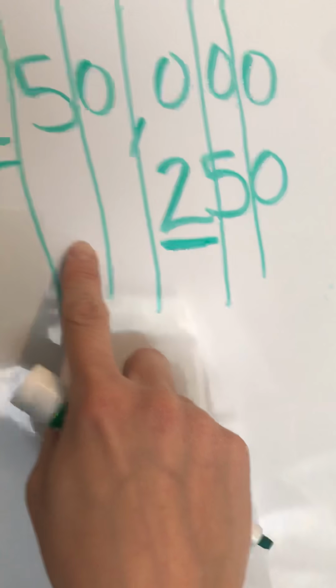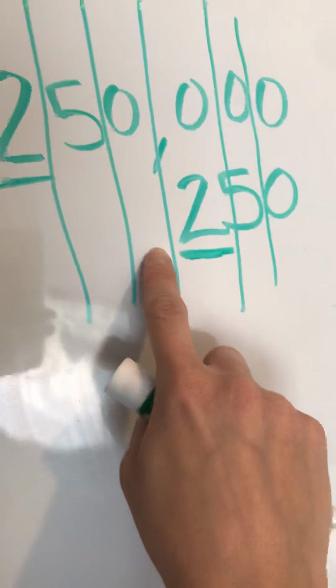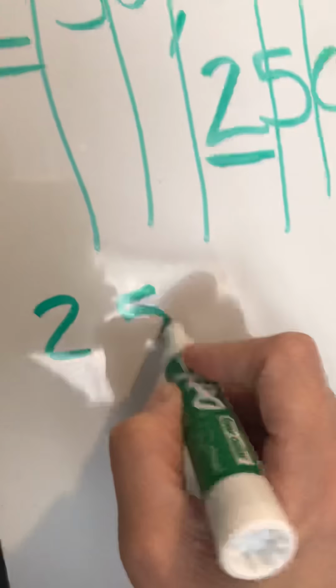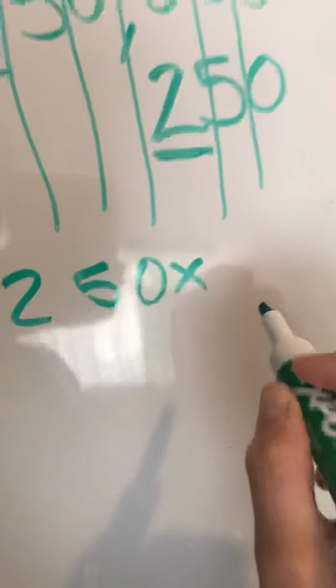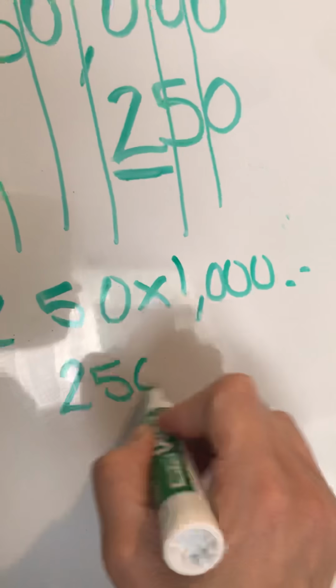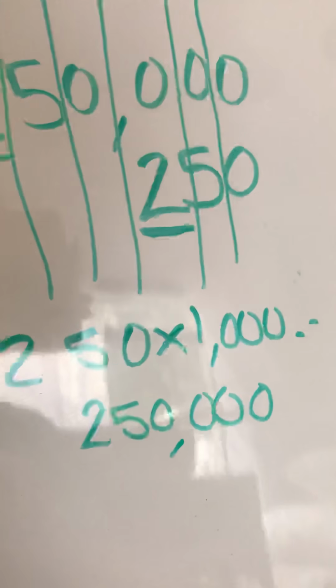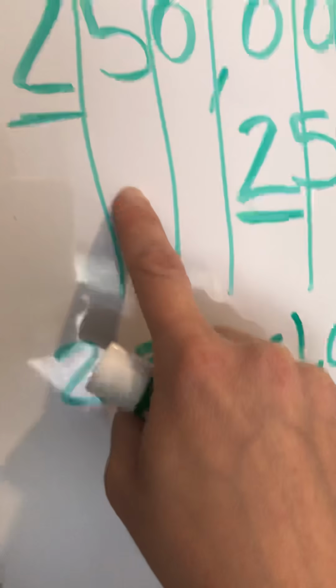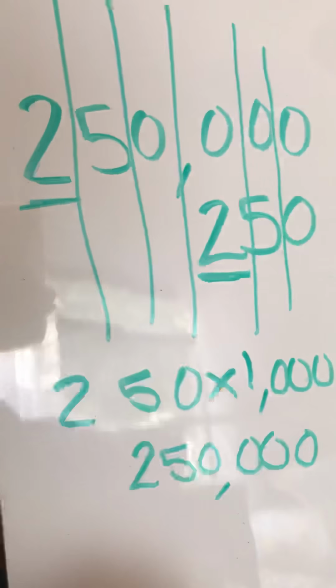They're not right next to each other. It's not 1 place value over, it's 2 place values over. So 250 times 1,000 will give you 250,000. Now, if that 2 was right here, it would have been times 100. If that 2 was right here, it would have been times 10. Okay? That's going to help you with question number 3.